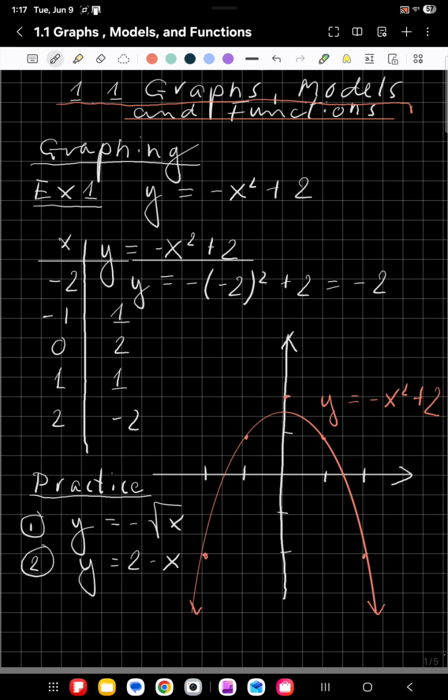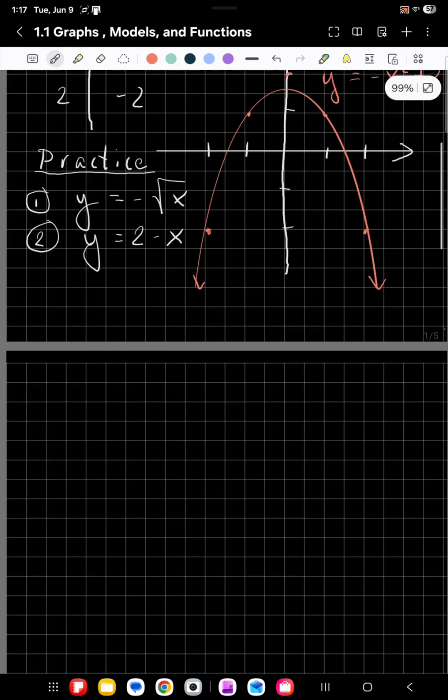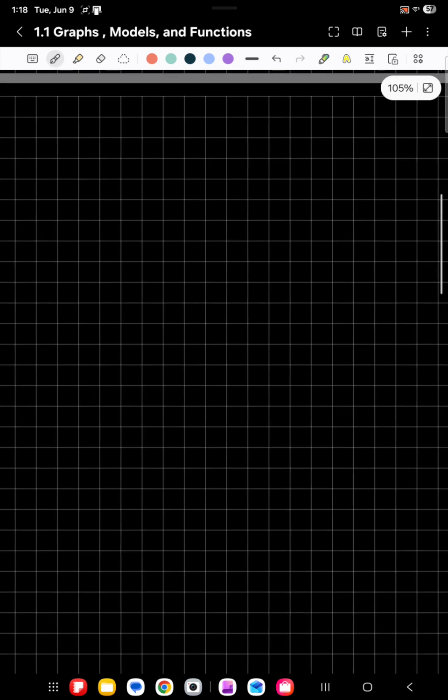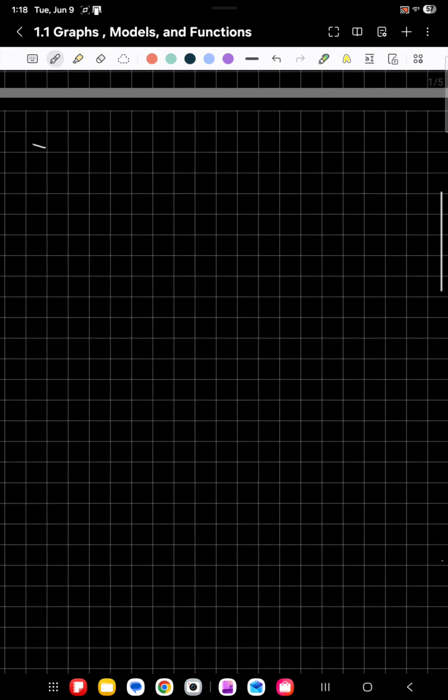All right, so that was graphing. We're not going to do anything more sophisticated here at this point. And let's move on. The second thing we'll talk about is intercepts, x and y intercepts.